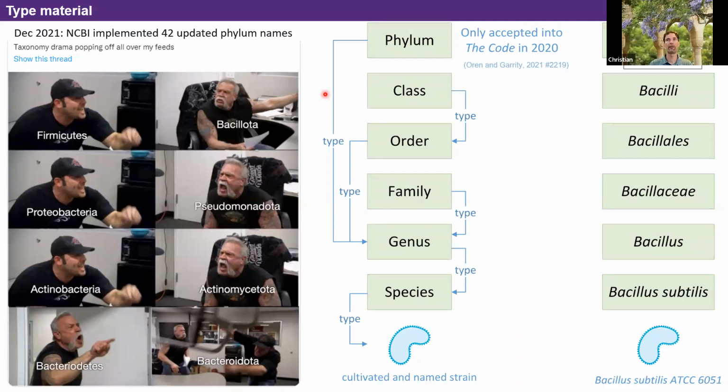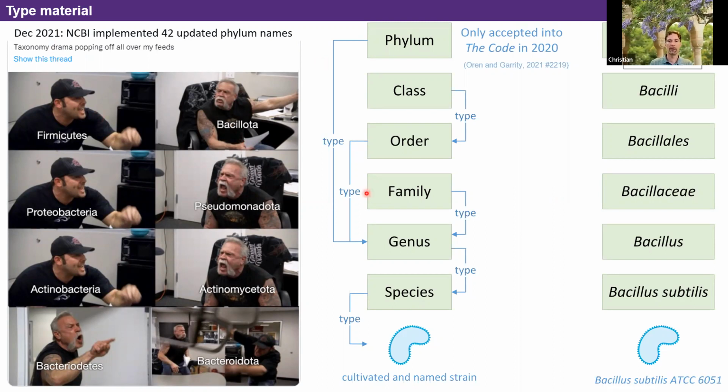It might take us a while to switch to Bacillota, but after a few years, I think that is done. We can always go back in the literature and know that, prior to 2021, this group was called Firmicutes. So that is another example that nomenclature is actually evolving.